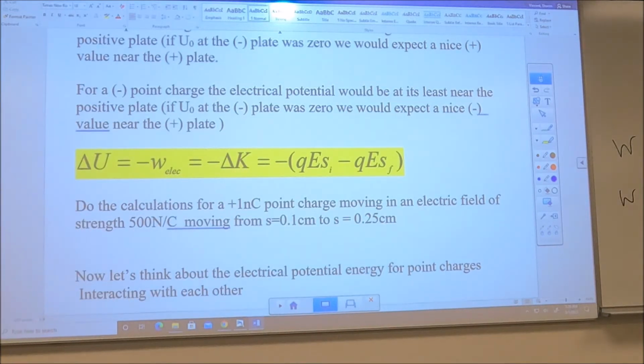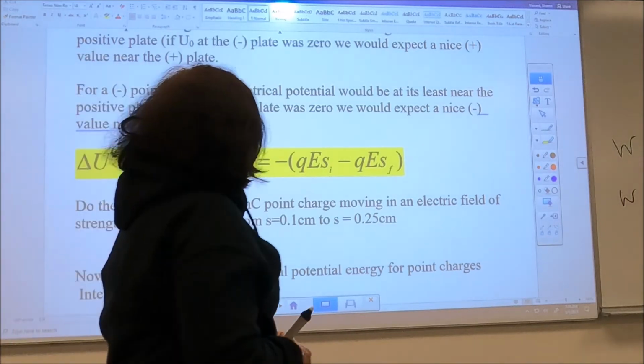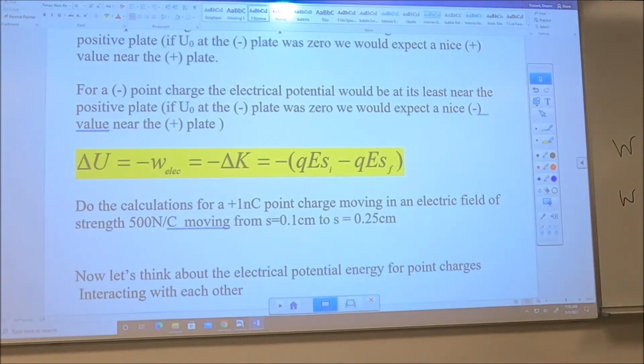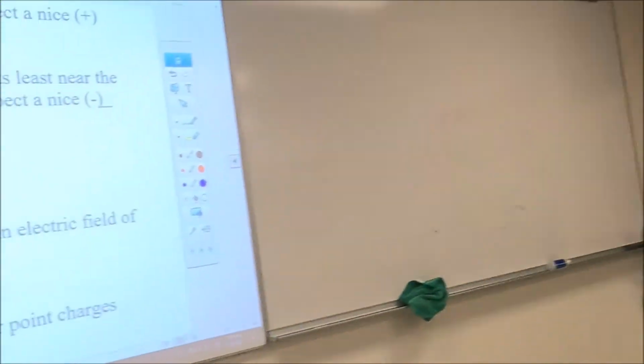So let's do the calculation for a +1 nanocoulomb point charge moving in an electric field of strength 500 newtons per coulomb, moving from S equals 0.1 centimeters to S equals 0.25 centimeters. Okay? Now, let's draw a picture, and then let's do the problem.